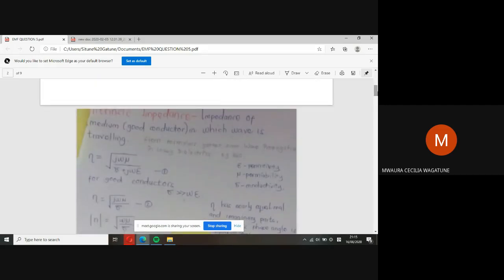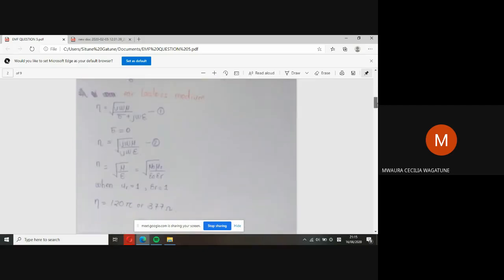If you remember, the initial formula was square root over J omega mu over conductivity plus J omega E. So when conductivity is equals to 0, once you do this calculation here, you'll get intrinsic impedance for lossless medium is equals to the square root of permeability over permittivity.